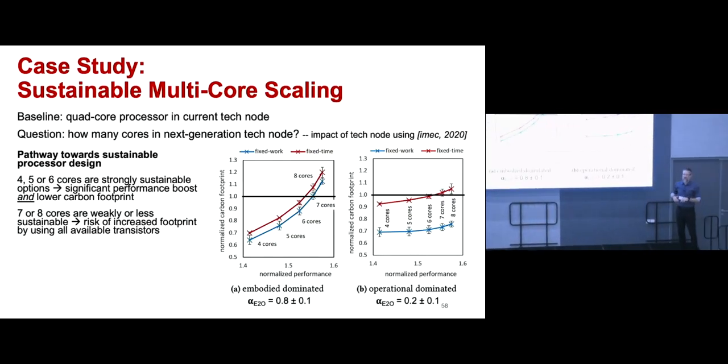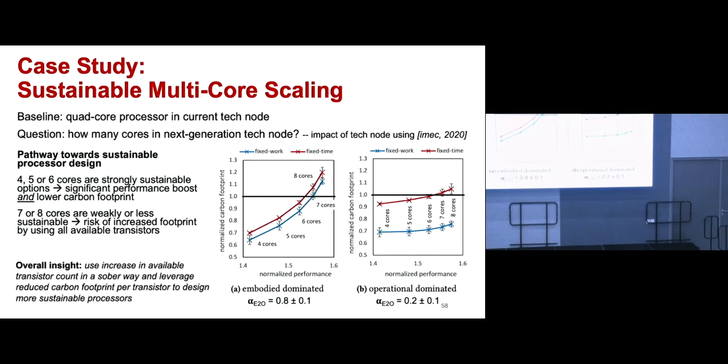So despite this being a very simple model, we come up with these conclusions across different scenarios. I would argue, well, if we are a little bit more sober and use the resources that we have in a more sober way to design more sustainable systems, that's actually a pathway forward for the industry to go. Clearly, this is not what the industry is doing at this point. Hopefully, they may want to change that.